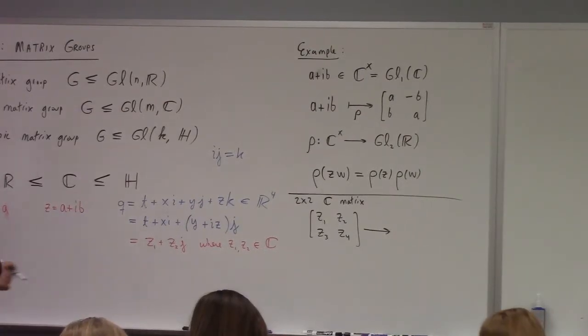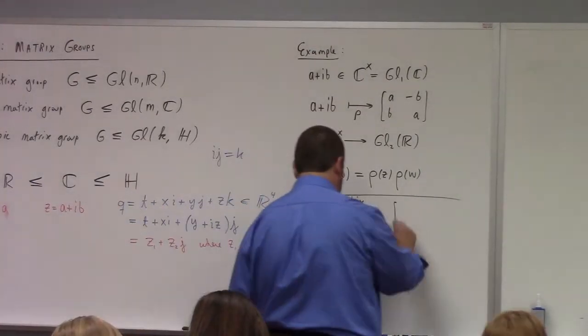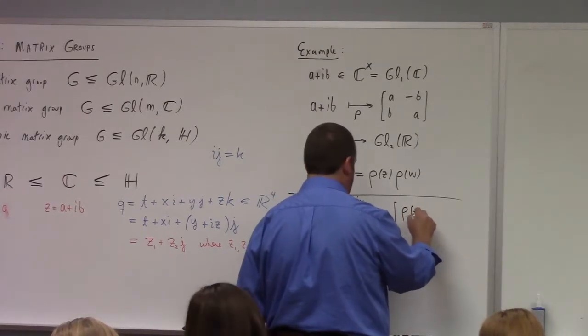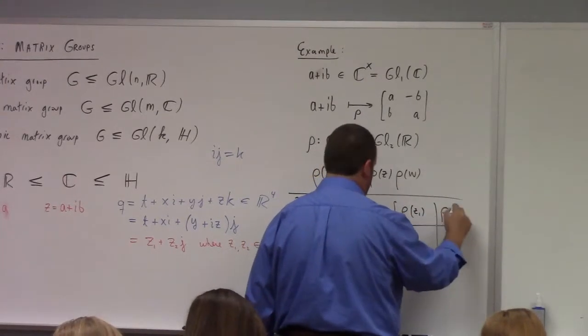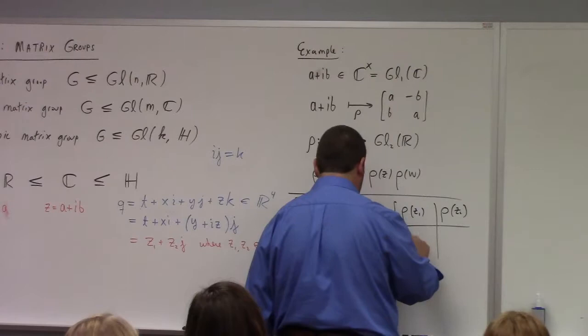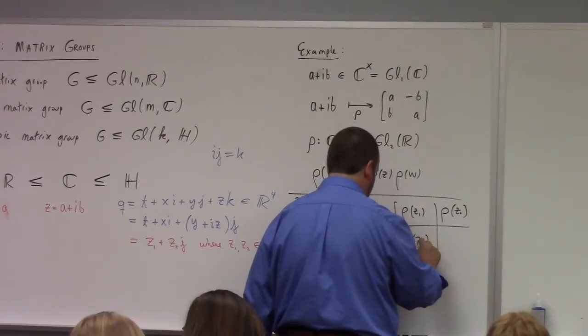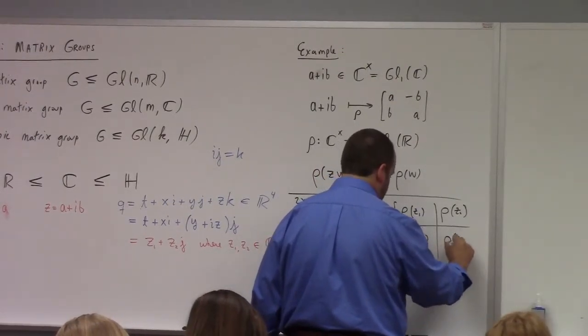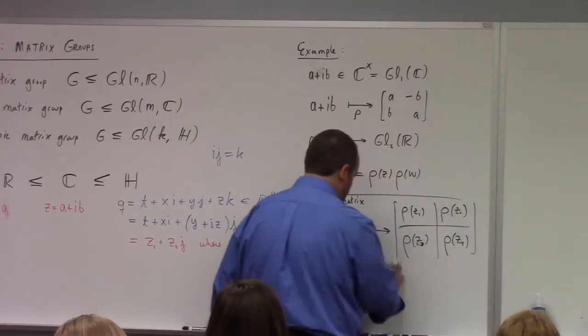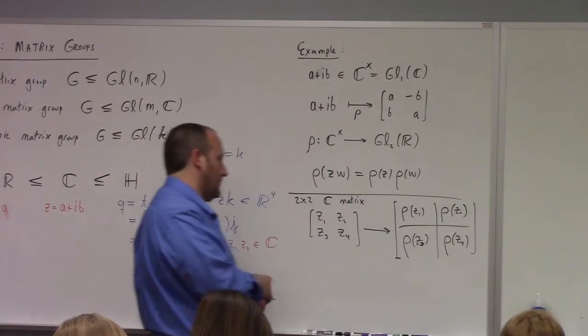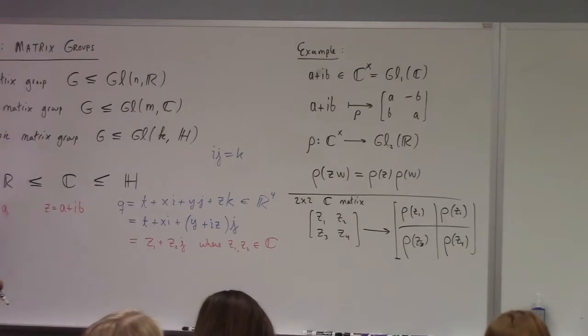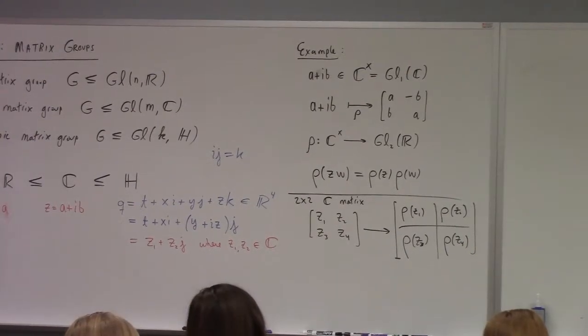What you do is just do this basically, rho z1, rho z2, rho z3, rho z4, like so. And so how big is the corresponding real matrix?